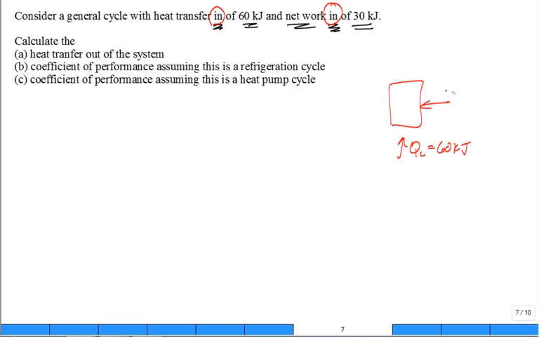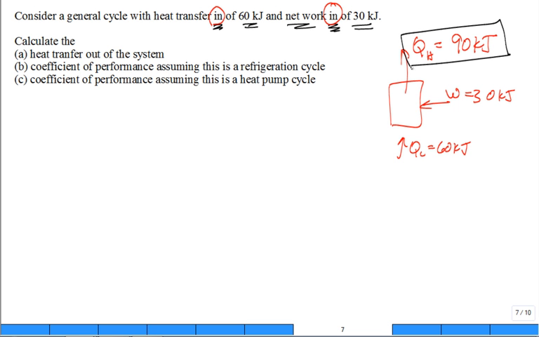The work of the cycle coming in is 30 kilojoules, I wrote it wrong. What is the heat going out? 90 kilojoules. So the heat transfer out of the system, part A, is 90 kilojoules.